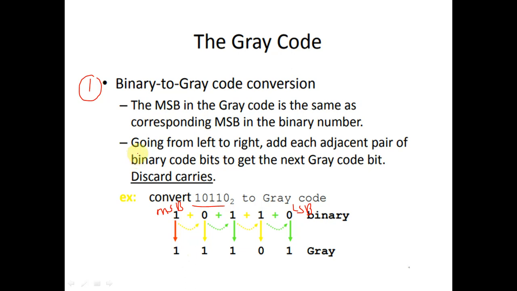The second step is going from left to right. Add each adjacent pair of binary code bits to get the next Gray code bit. From left to right, this is the adding method. 1 added with 0, answer is 1, because MSB of the binary and MSB of the Gray are the same.